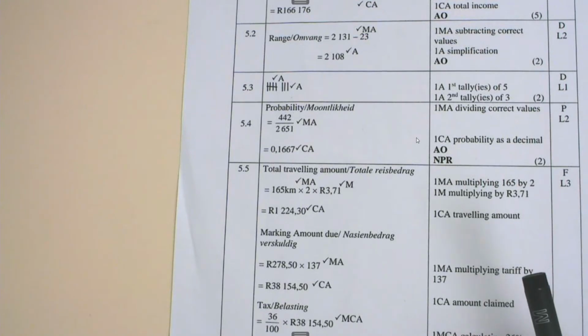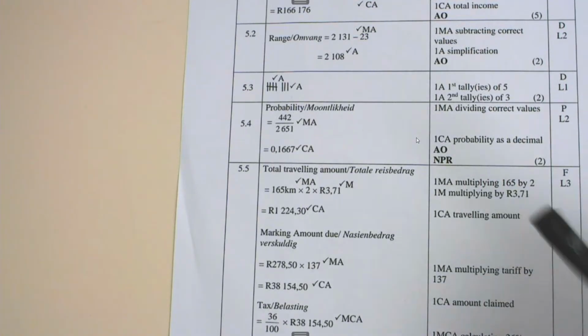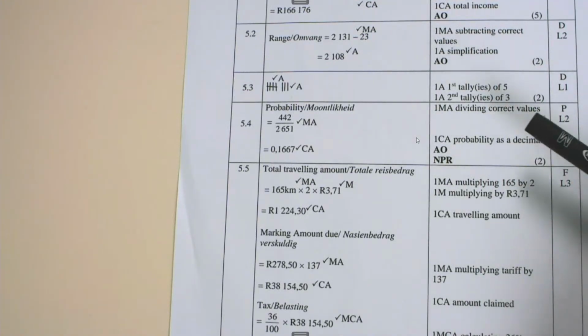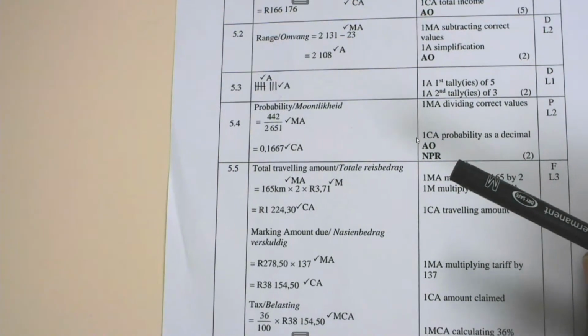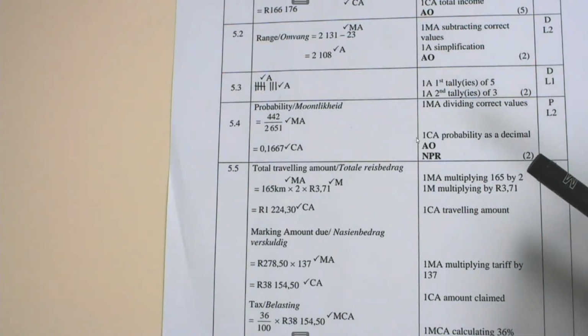Now let's look at the mark allocation. It's MA, dividing correct values. Mark with accuracy, dividing correct values. And then you see A, probability as a decimal. And remember, guys, when you see A, make sure that one of the values is correct.